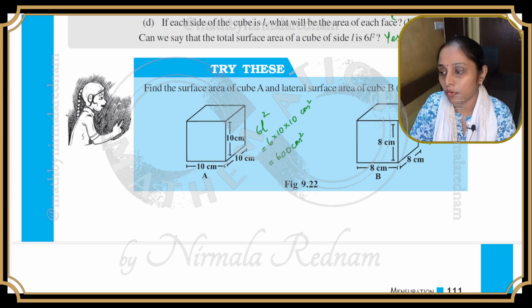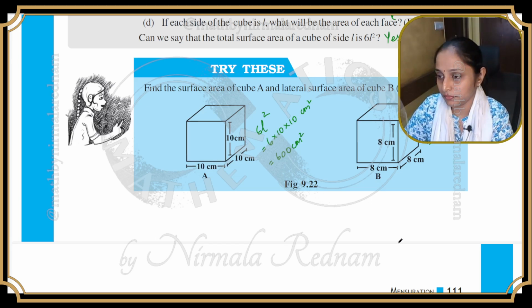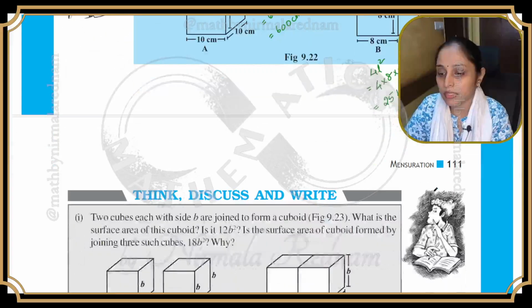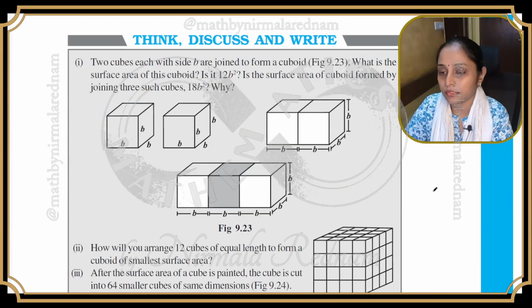So I have 4 into 8 into 8, right? So here it is 4L square, which is 4 into 8 into 8, which is nothing but 64 into 4, 256 square centimeters. So that is how you can find the surface areas.